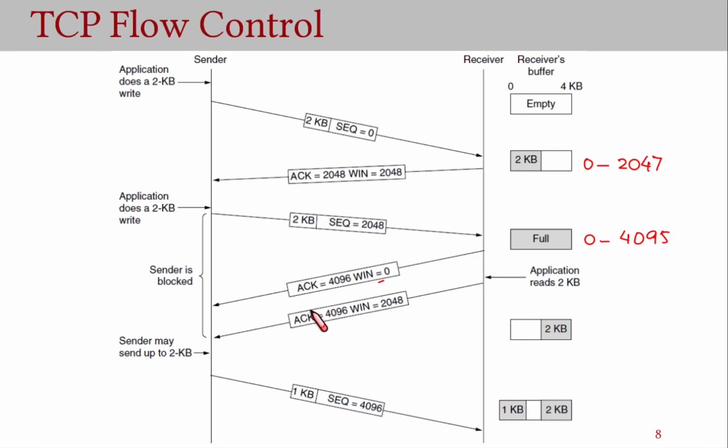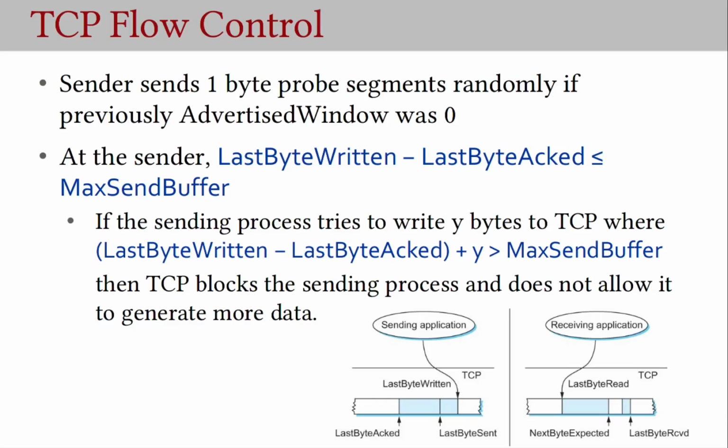These are 1 byte segments just sent to figure out whether there is buffer space available, and if that is the case, then the sender can resume further. And so as I explained, the sender sends 1 byte probe segments randomly if the previously advertised window was 0.